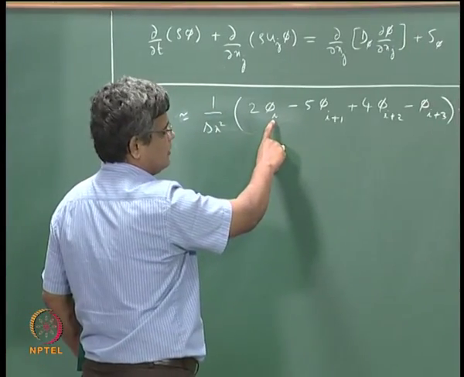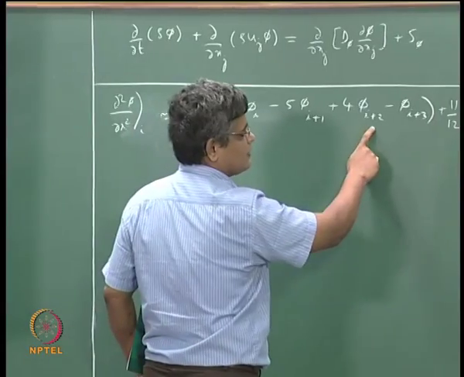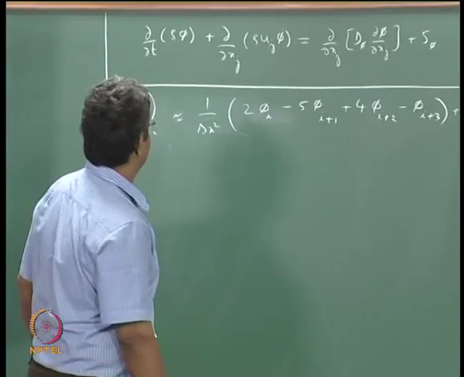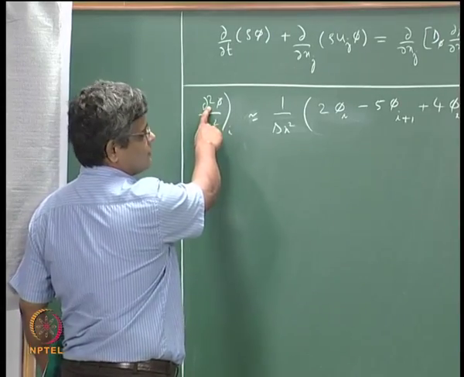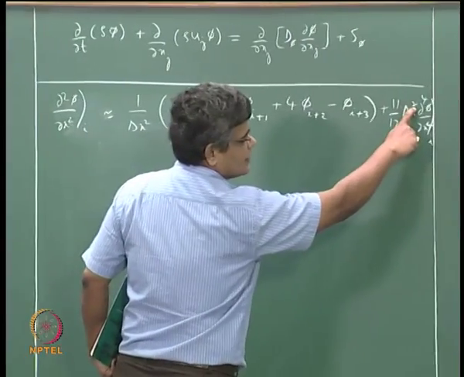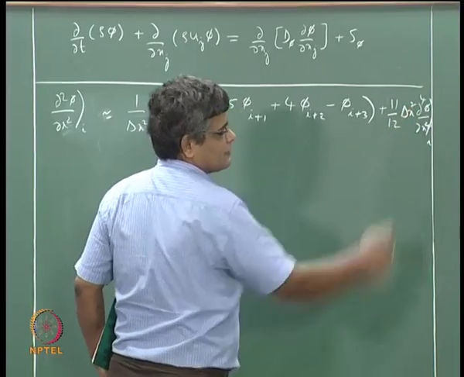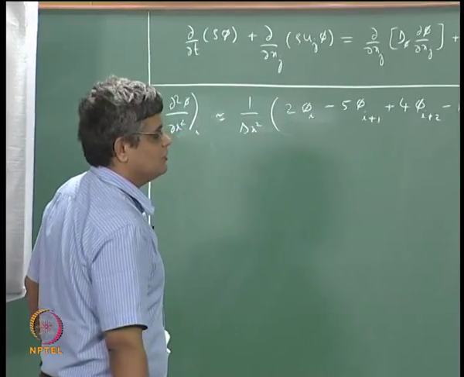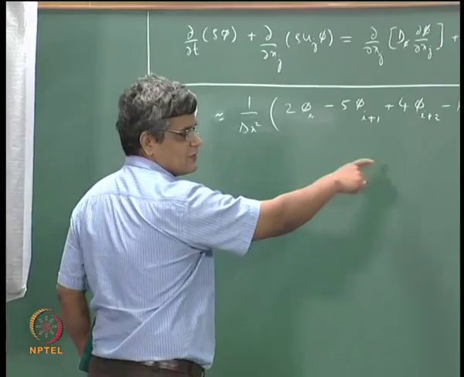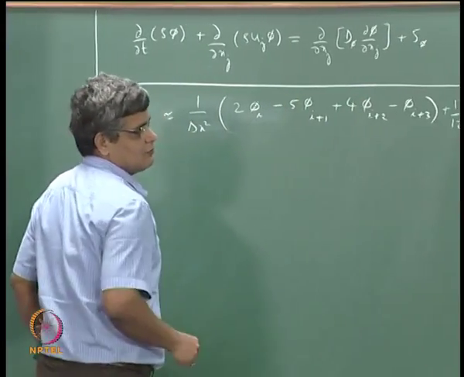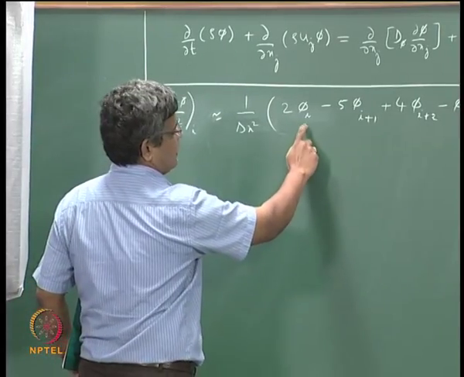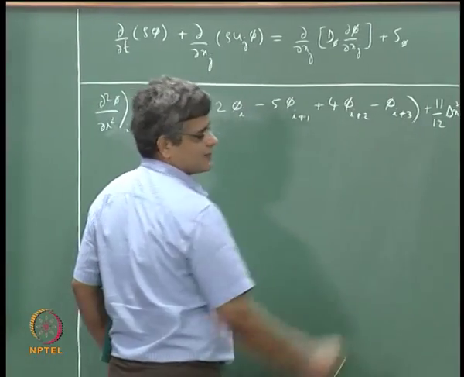That is why we have points I plus 1, I plus 2, I plus 3 appearing in this. This is a second derivative. So according to our convention, p is equal to 2. We have a second order accurate value, so q is equal to 2. We have one-sided differencing, so the number of points that are required are 2 plus 2, 4, and we have 4 points: I, I plus 1, I plus 2, I plus 3.